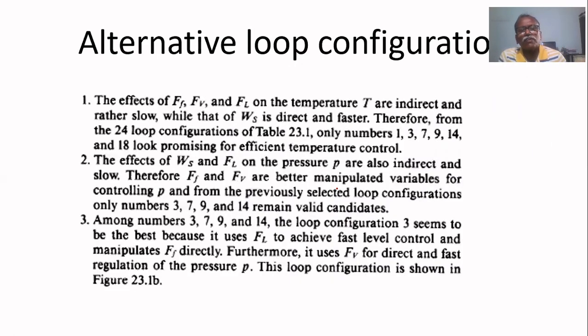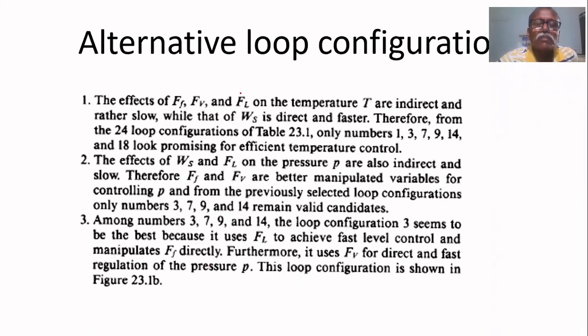The effects of FF, FE, FL on temperature T are indirect. If you increase FF, temperature will decrease, an indirect effect. If you increase vapor flow rate, temperature will decrease. If pressure changes, temperature will change.